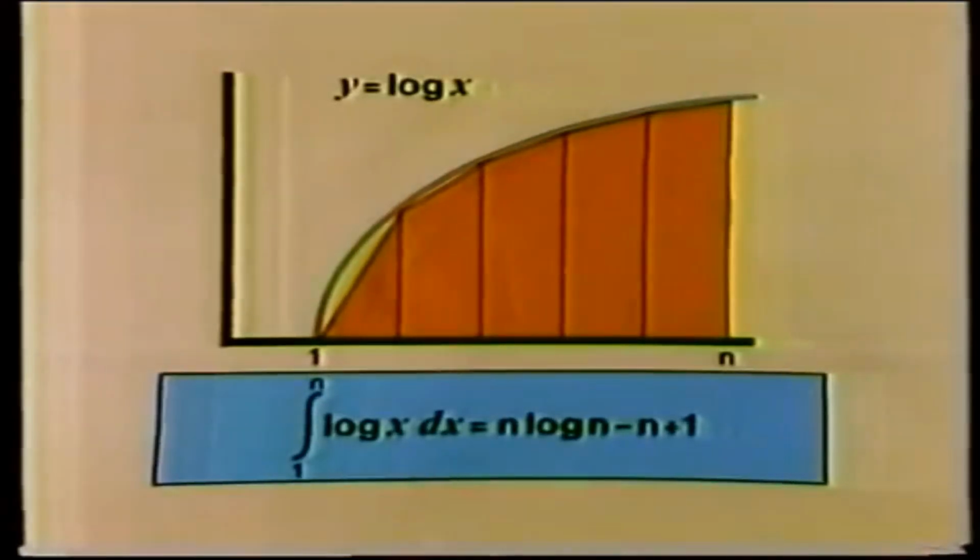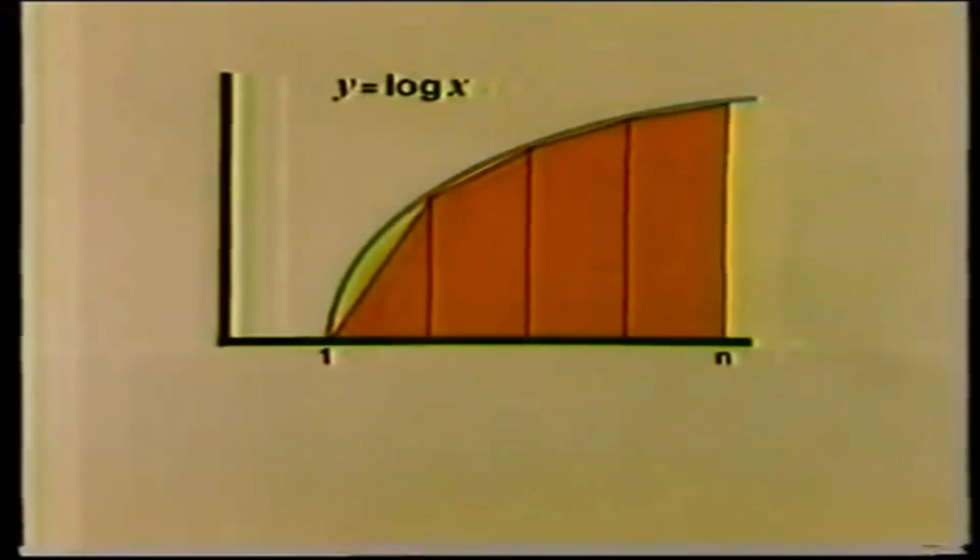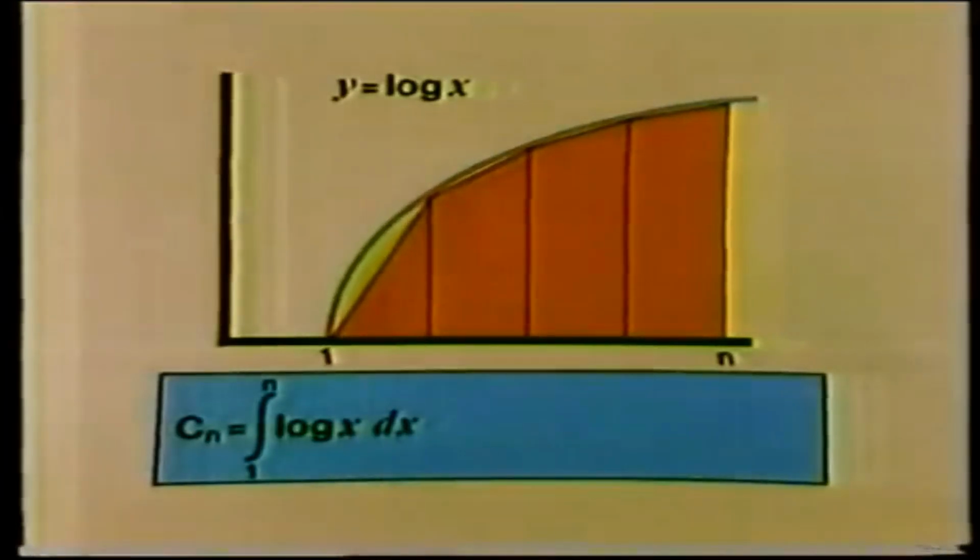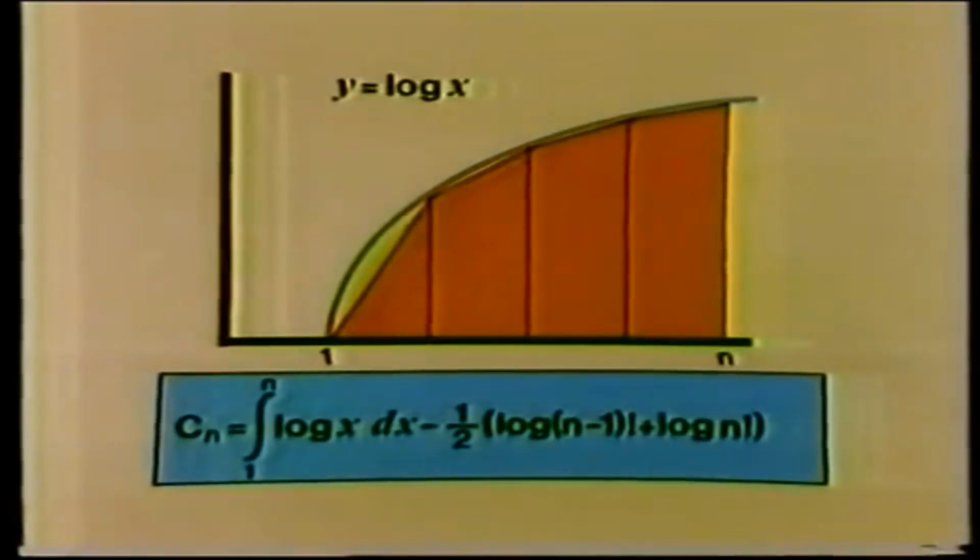Here's the area again, approximated by trapezia. What we want is to estimate the total area of the little slivers like this one. We'll call the total area of the slivers from 1 to n Cn. So Cn is the area under the curve minus the area of the trapezia.